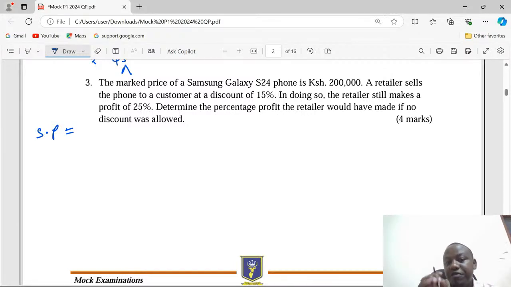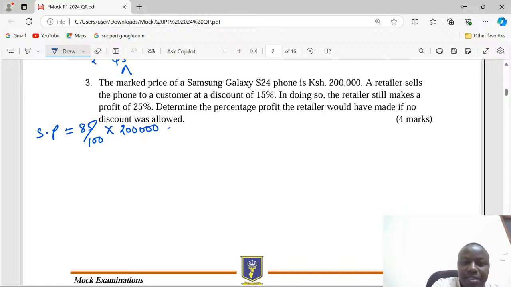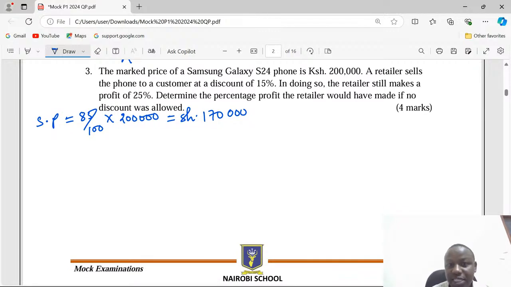So if 15% is given as a discount, then the selling price will be 85% of the marked price, which is 200,000. That means this retailer sold the phone at 170,000. That was the selling price.